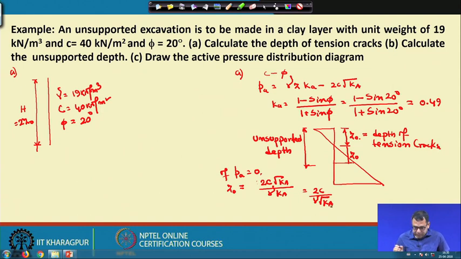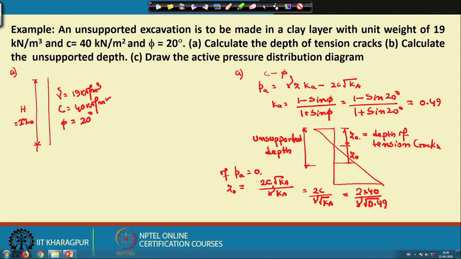This is the Z0 part, and if I put this value, then Z0 will be 2 into 40 divided by gamma root over 0.49, and that will be equal to 6 meter. So the depth of tension crack is 6 meter. Z0 is 6 meter. So we can write that depth of tension cracks is equal to 6 meter.